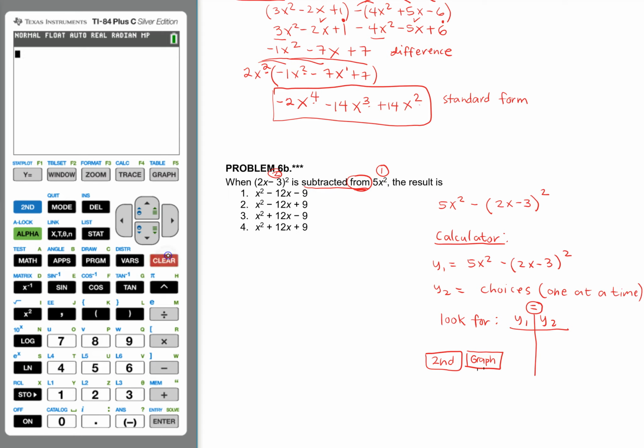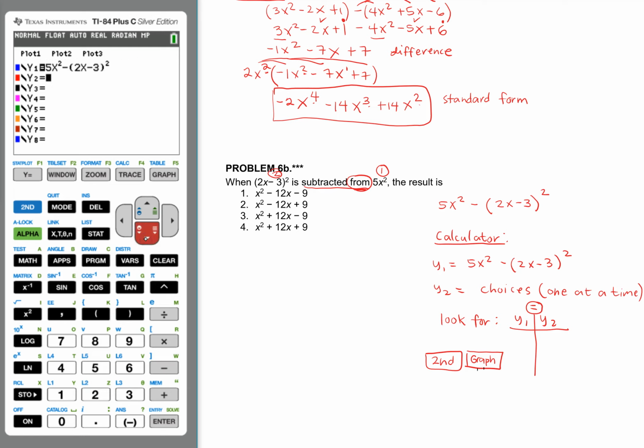So let's enter this one. Go to y equals. Clear whatever you have in there. So let's enter 5x squared minus parenthesis 2x minus 3, then squared.